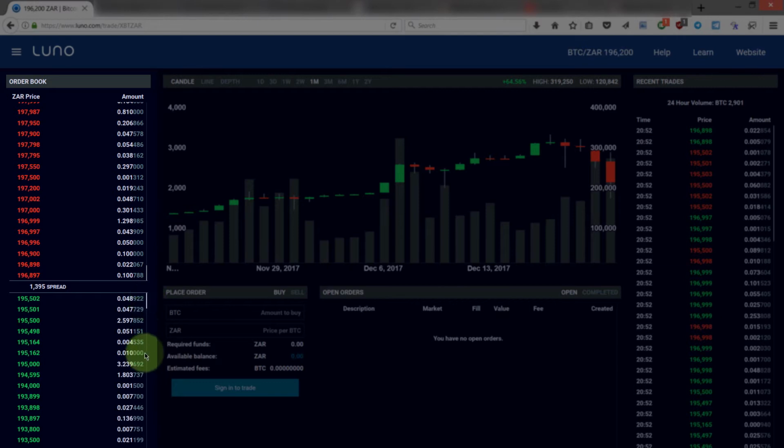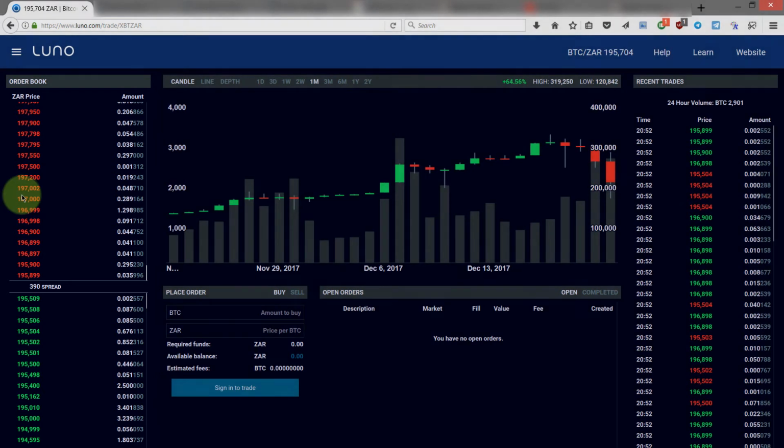It's difficult to see those prices, but you can get a quick glimpse of 162,000 Rand per Bitcoin price, which is extremely low. But nonetheless, buyers in green and sellers in red are able to put orders into this order book and wait for them to be fulfilled.